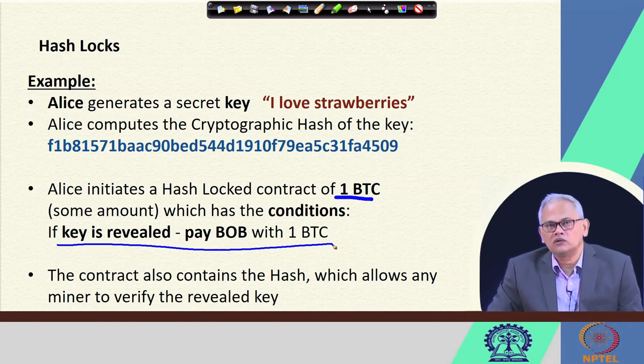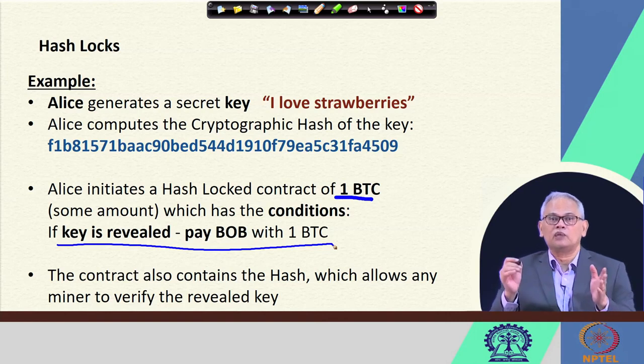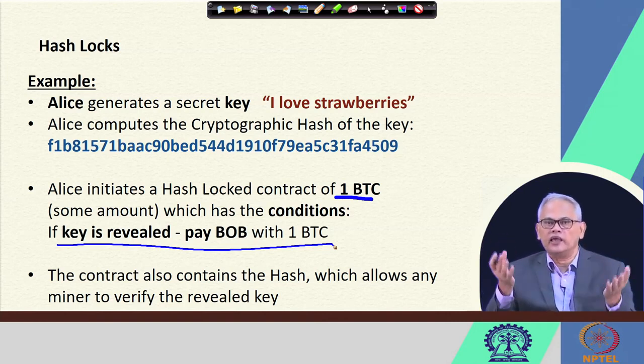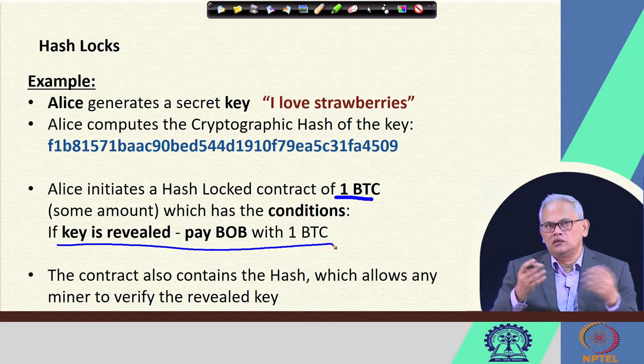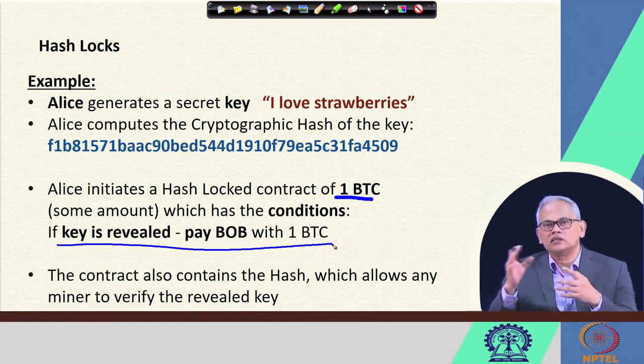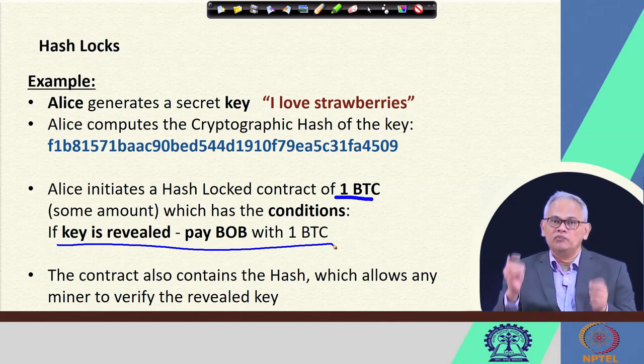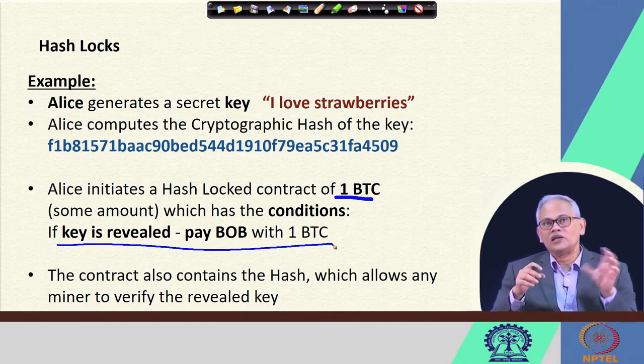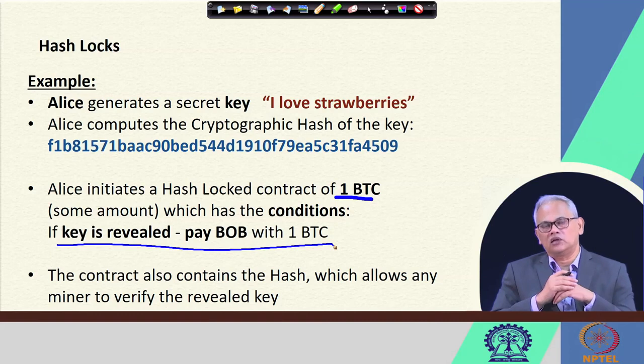And the contract also contains the hash which allows any miner to verify the revealed key, so that it should not happen that later on Alice says something else to be the secret and says that no, this cannot be claimed. So, it is important that when it is revealed, any miner can verify that the hash of this revealed key indeed maps to the hash that was used in the contract.